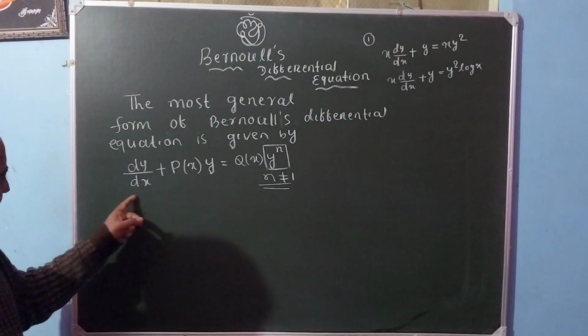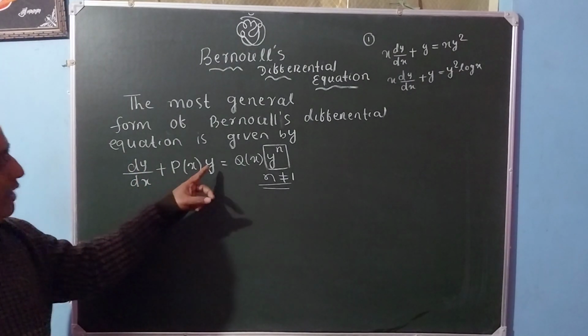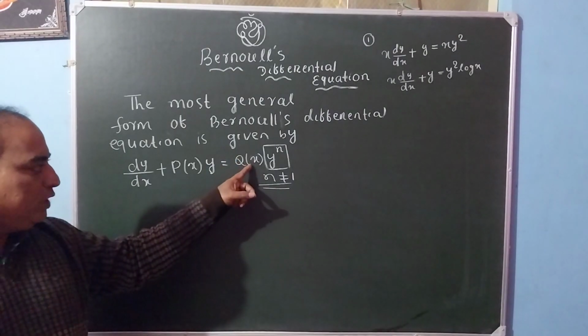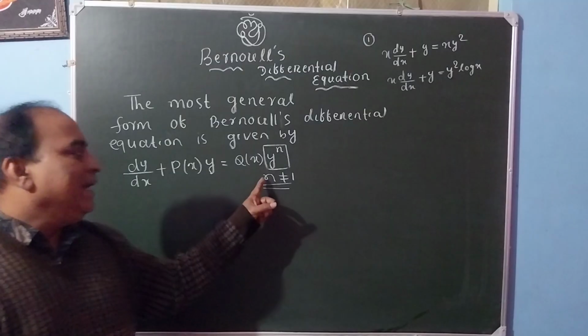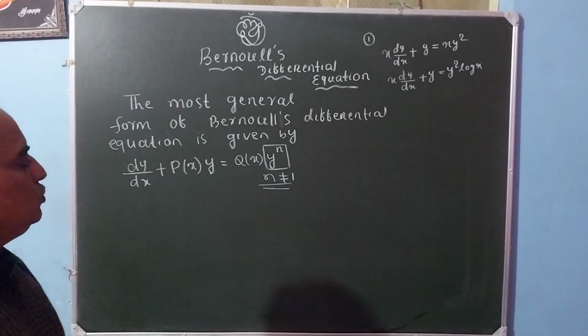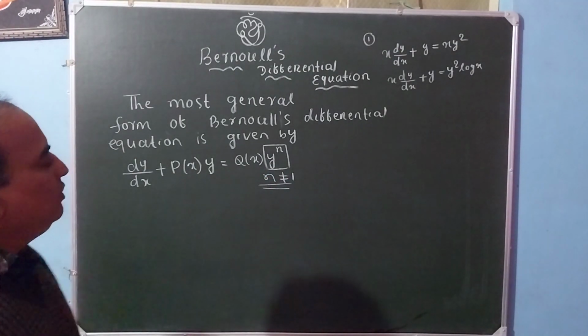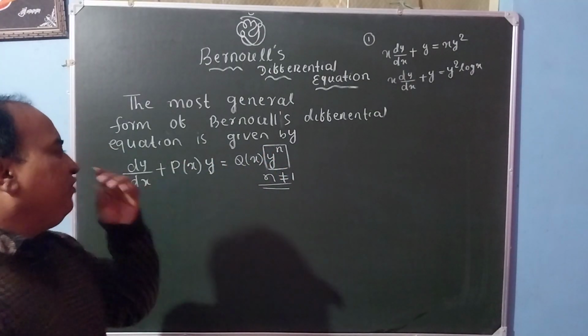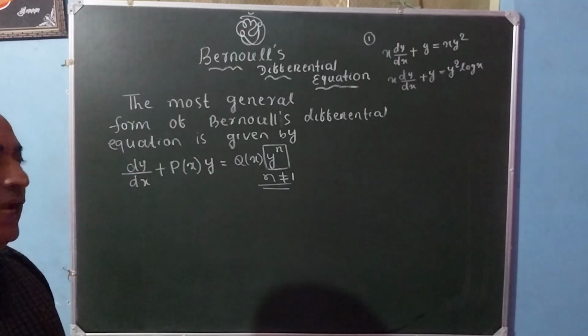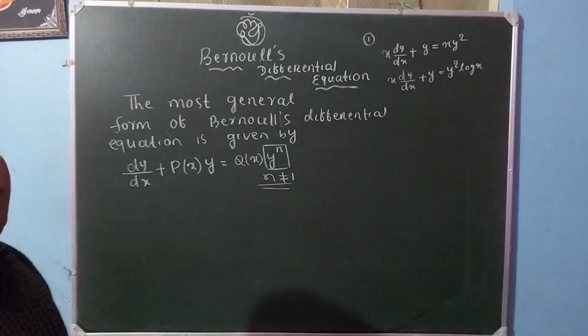dy/dx plus p(x) into y is equal to q(x) into y to the power n, provided n is not equal to 1. For n is equal to 0, the Bernoulli differential equation will convert to the linear differential equation.